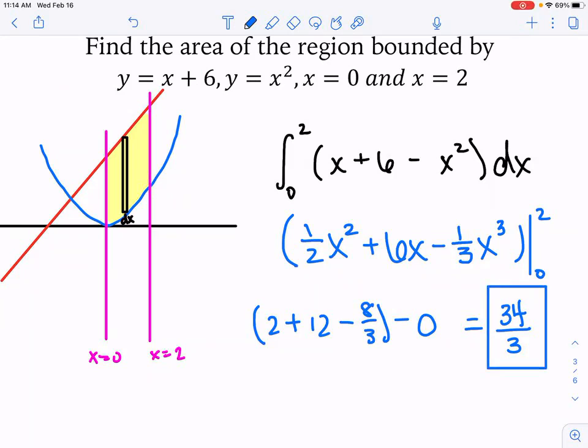34/3. Now, when we have area between curves, our area will always be positive. Area under the curve could be positive, could be negative, but between curves will always be positive. Okay? You believe that?